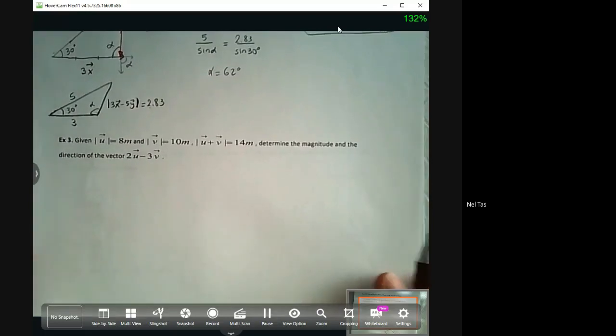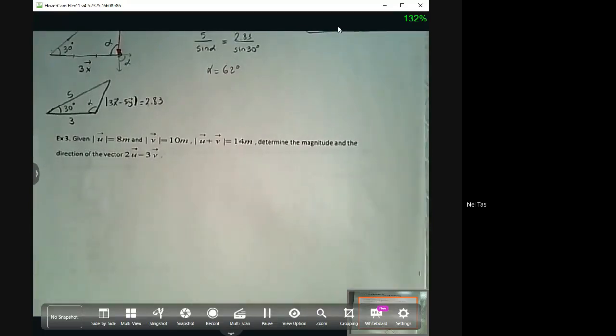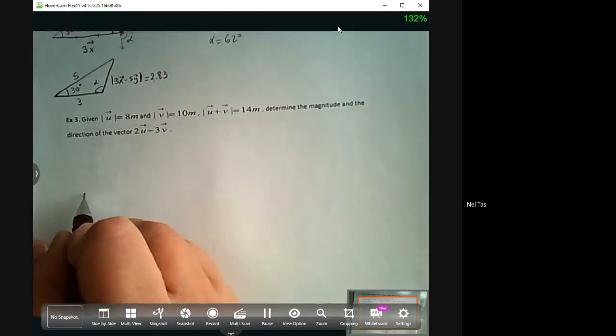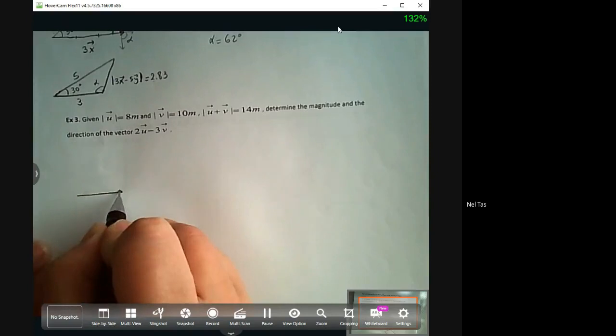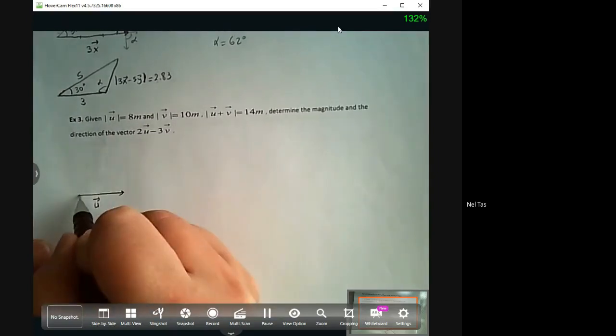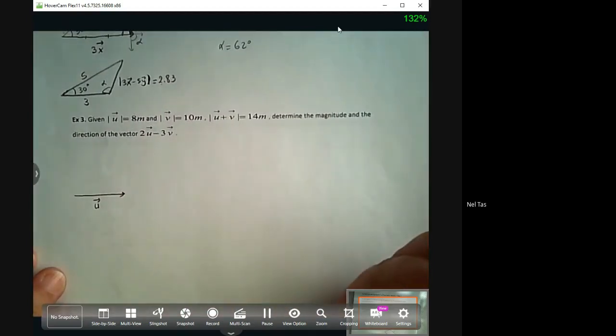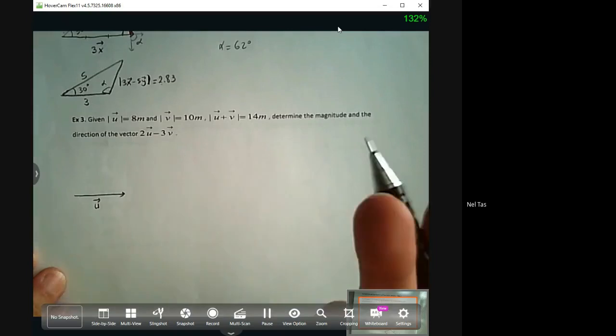Example 3. The magnitude of U is given as 8 meters, V is 10 meters, and the magnitude of U plus V is 14 meters. Determine the magnitude and the direction of the vector 2U minus 3V. Okay, so let's do the sketch here. Let's say this is U. Again, I don't know the angle between U and V. I will take it as an acute angle, but we may end up with obtuse.